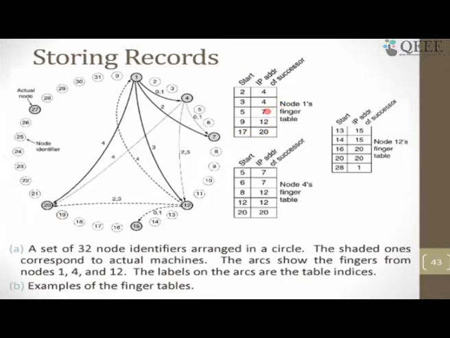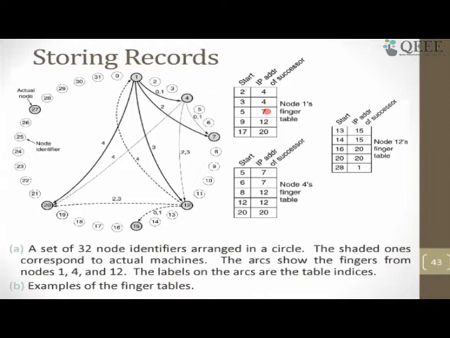Okay. So, once you have the finger table, how to traverse? This is the next question which you may ask, that once you have the finger table, how to traverse? Okay. So, now here you see, first let us assume that all machines are put.